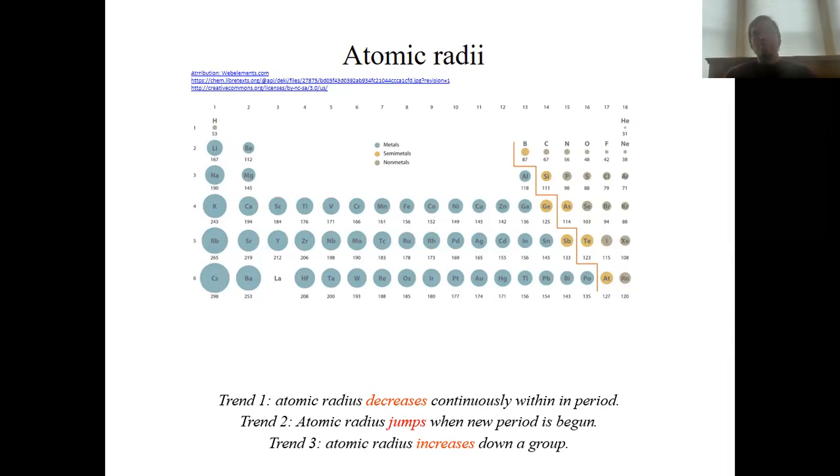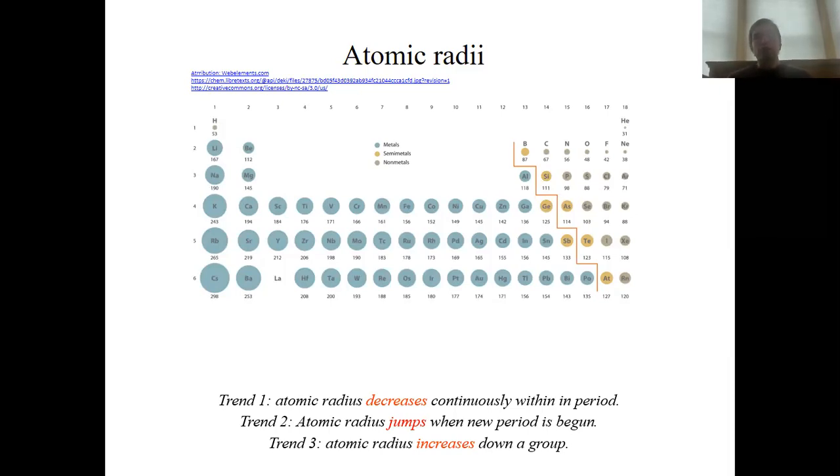So atomic radius sounds like a simple concept at first glance, but it's actually not as simple as it looks. When you talk about atomic radius, you always need to say how you have defined an atomic radius so that you're making suitable comparisons.